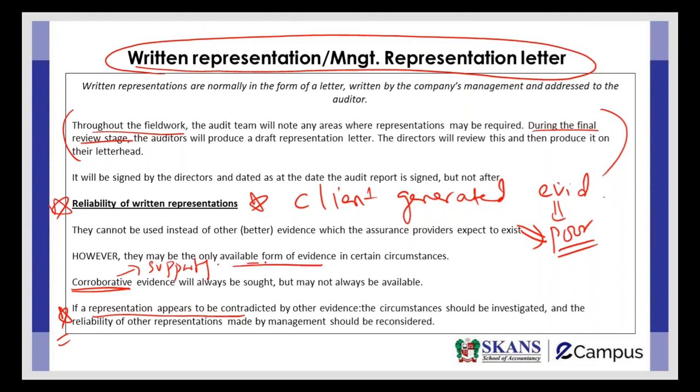However, in some areas, you might not be able to find any other evidence at all. So it's not as if it's always the worst evidence ever. So it's bad quality. Don't rely on it alone, but you should try and get corroborative evidence wherever possible.